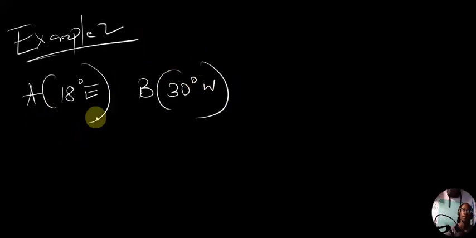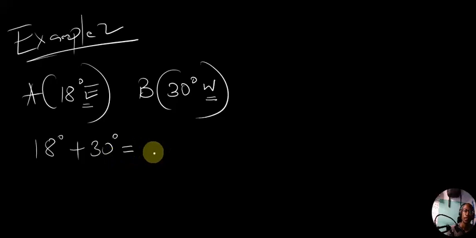Let's find the difference in longitudes. You notice they are on different sides, east and west. So we are going to add the degrees. We take 18 degrees plus 30 degrees, which we get 48 degrees. 48 degrees is the time difference.